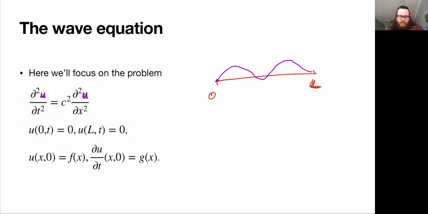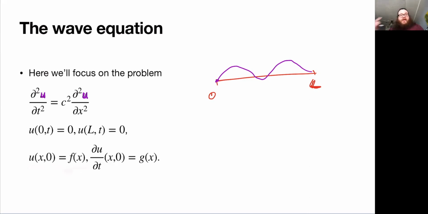The other piece we need are initial conditions. Because we have two time derivatives, we're going to need two initial conditions in time, two pieces of information to tell us how this process starts. For us, those two pieces of information are the profile of the string, the displacement of the string at time 0, which is going to be some function f of x.